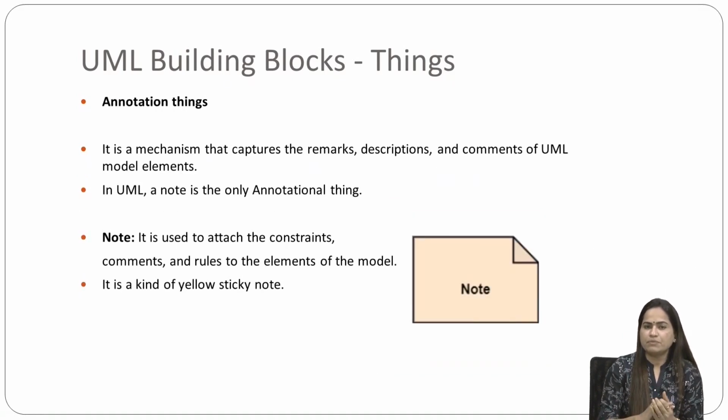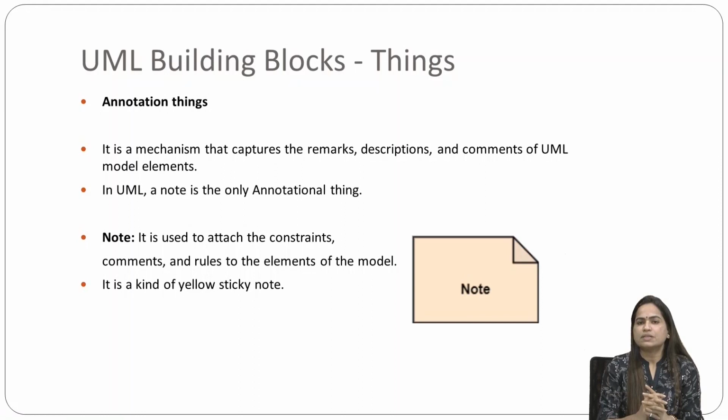Then after that we have the fourth one, that is annotation things. It is a mechanism that captures the remarks, descriptions and comments of UML model elements. In UML, a note is the only annotational thing. A note is used to attach constraints, comments and rules to elements of the model.